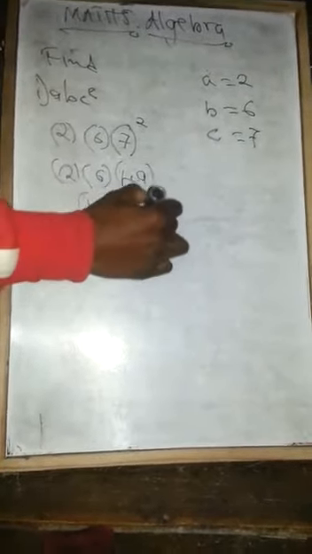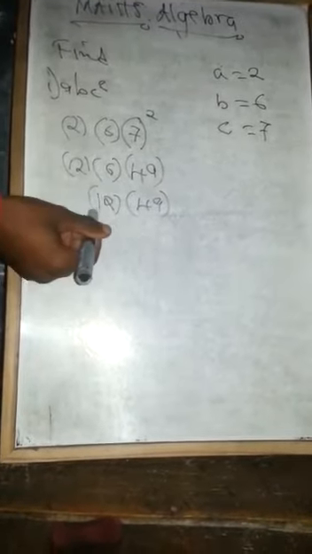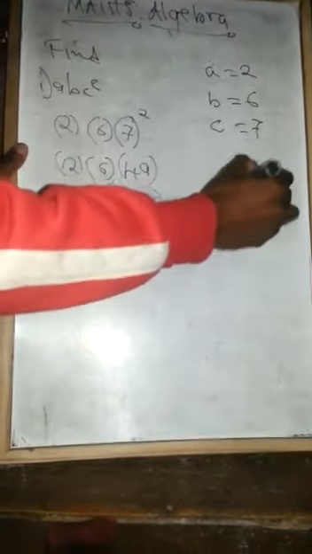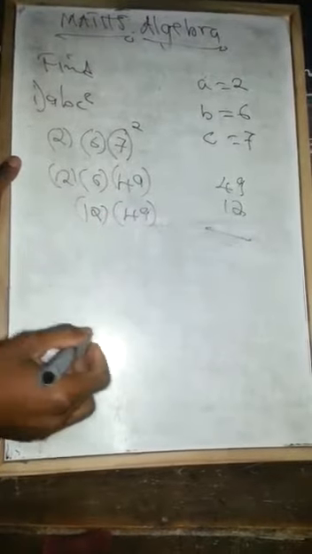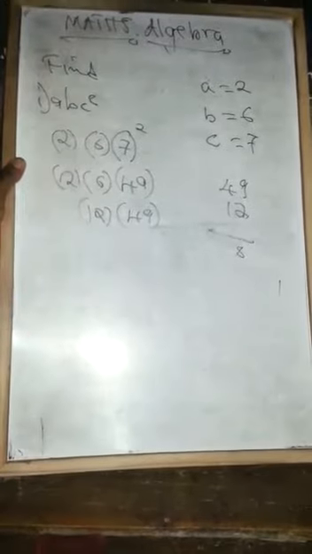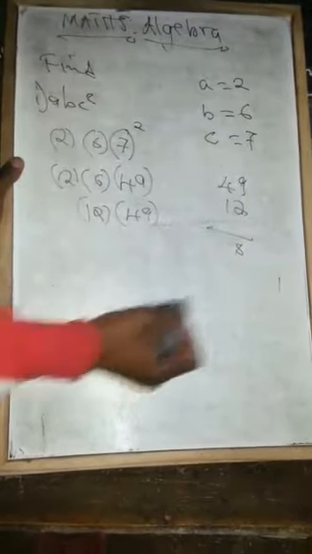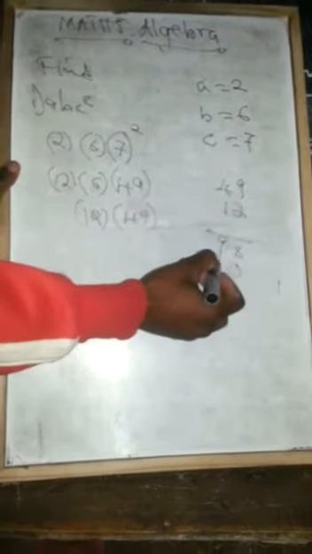Multiply by 49. Now you can find the product of 49 and 12. What is 2 times 9? 18, write 8 carry 1. What is 2 times 4? 8. 8 plus 1? 9. You start with a 0. Say 1 times 9? 9.